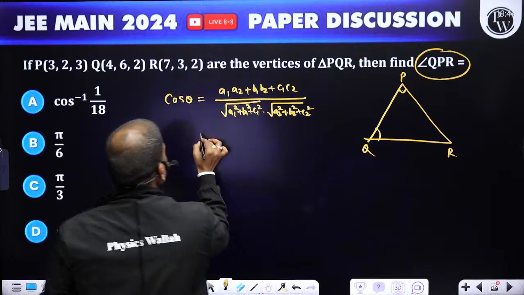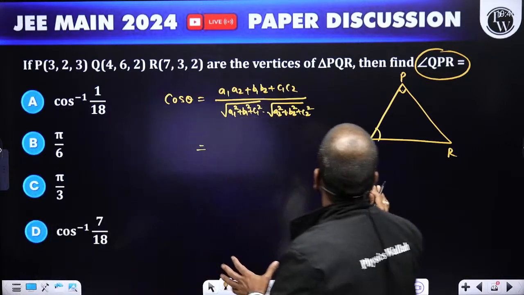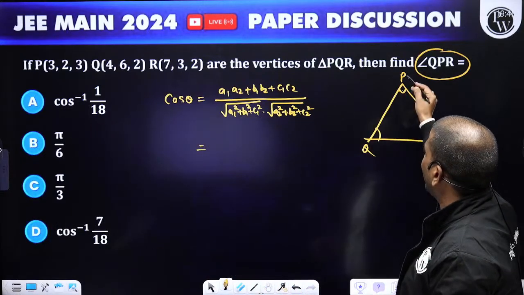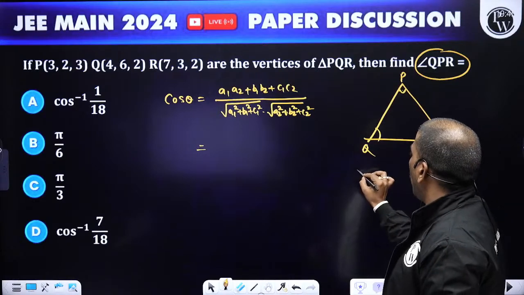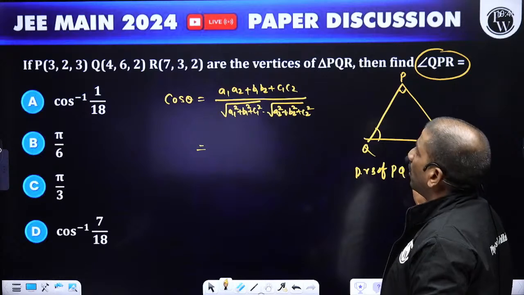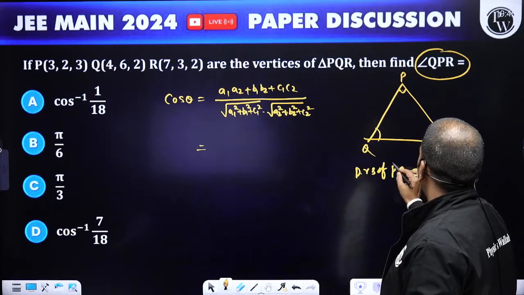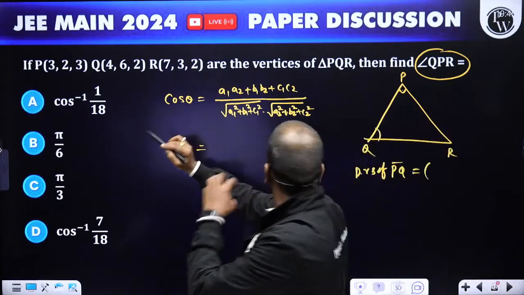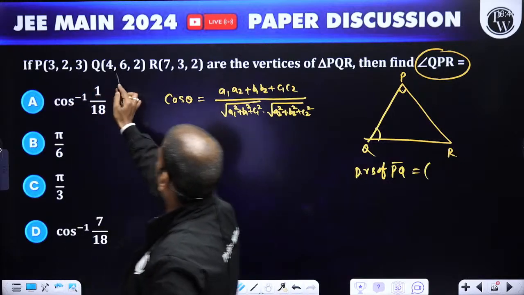But we need DCs or DRs. So first, the DRs of PQ bar. DRs of PQ bar means very simple, just subtract: 4 minus 3, 1.